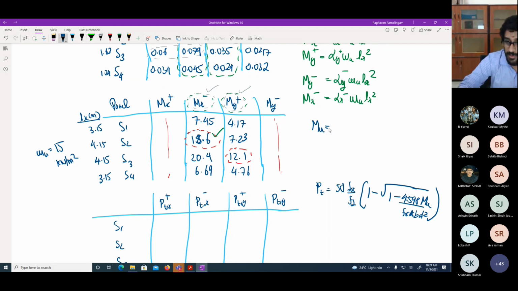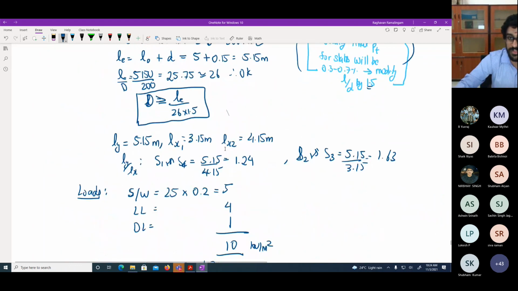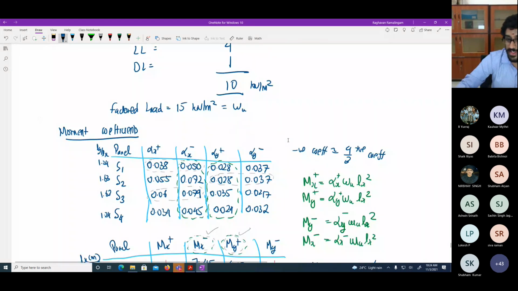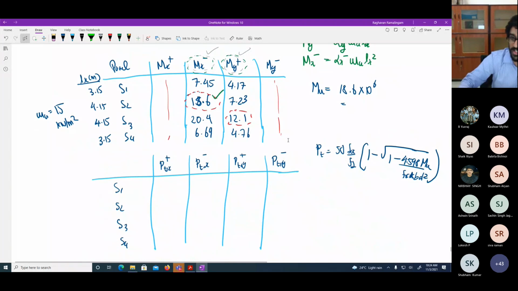So Mu, which is 18.6 into 10 power 6, equals 0.138 into 20 into breadth, we always take as 1000 since it's a slab, into D square.